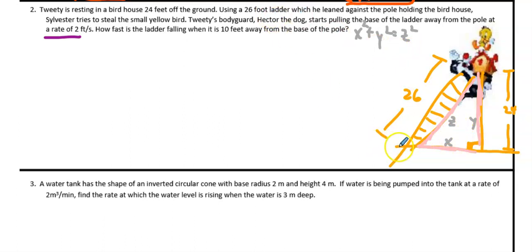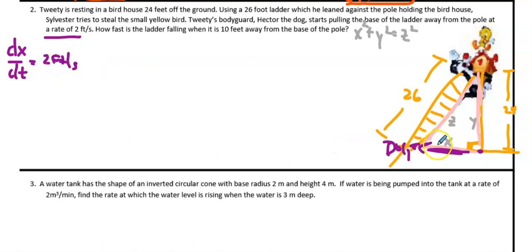So the dog's here, and he starts to pull the base of the ladder, which is right here, away from the pole. So that's this distance. It's getting bigger. If you imagine the pole coming out, X is getting bigger. So the change in X with respect to time is equal to 2 feet per second.